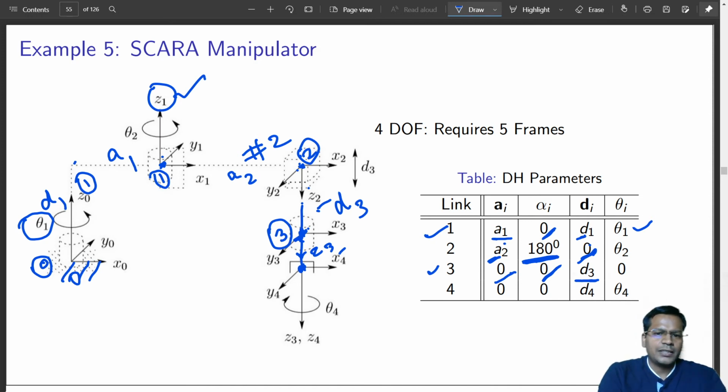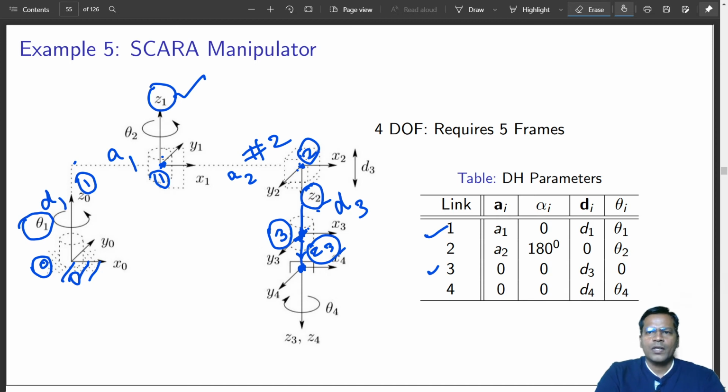Again, there is a translation between z2 and z3, a distance which it has traveled. So this is your new joint variable, d3. Quite clear? This d3 is the distance by which point 3 can travel and come further downwards.